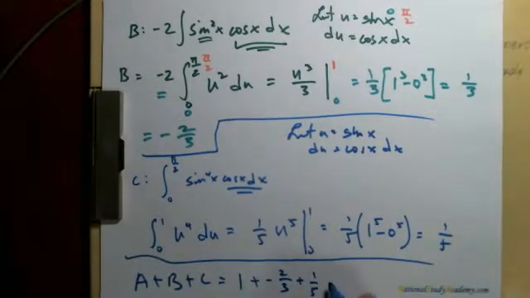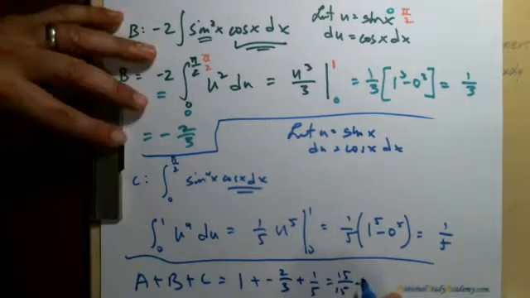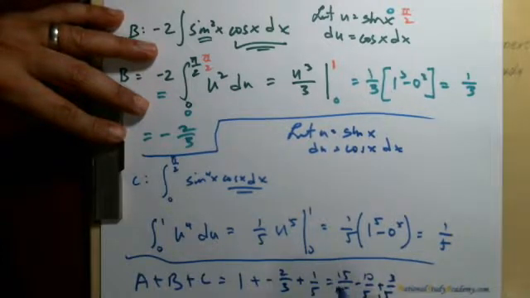Common denominator is 15. 15 over 15 minus 10 over 15, multiplying by 5, plus 3 over 15, multiplying by 3. 15 minus 10 is 5, plus 3 is 8 over 15.